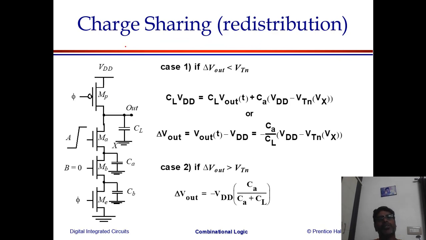And the second problem is the charge sharing problem. Whenever you are trying to store some charge, it will always create problems with respect to leakage and charge sharing. Say suppose you have charged CL to the value of VDD, and now you have turned this MA transistor on. What will happen? This charge at VDD will find a path to share its charge with the nearby capacitor CA.